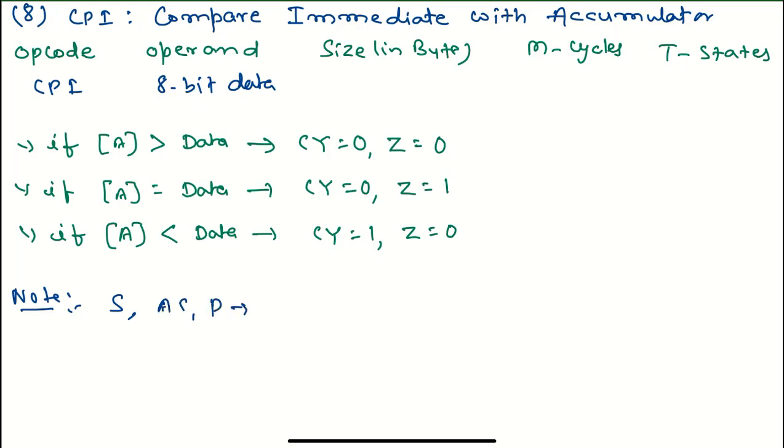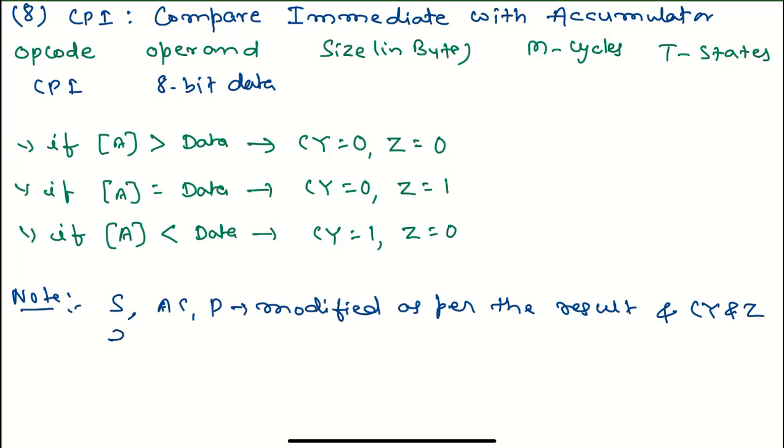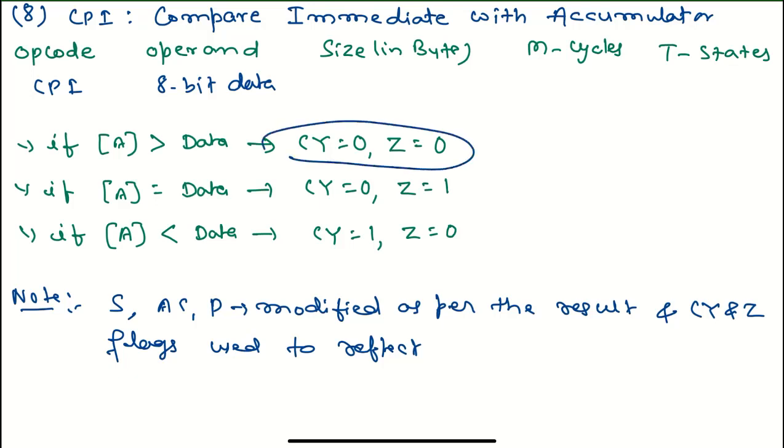These are modified as per the subtraction result, and the carry and zero flags are used to reflect the result, whether it is greater, lesser, or equal, which can be identified by testing the carry and zero flags. So we can say that carry and zero flags are used to reflect the result. This is a very important point to understand.